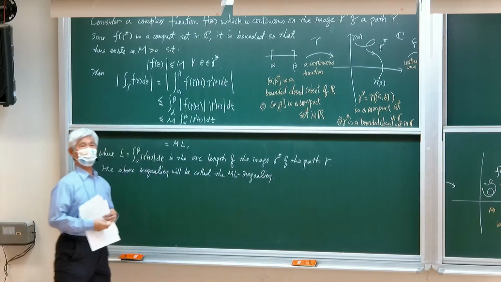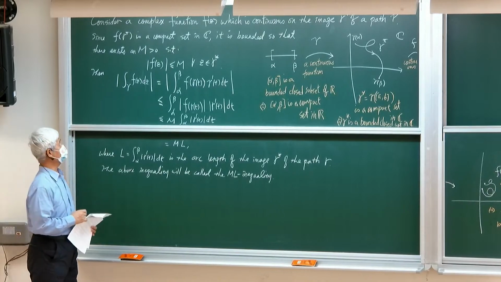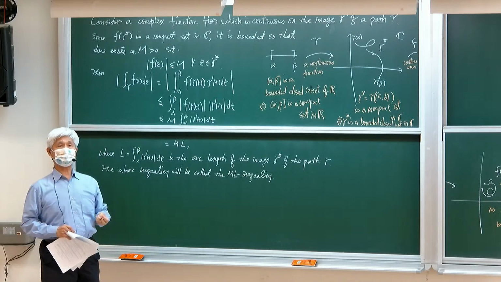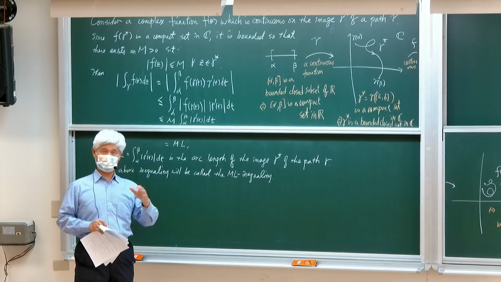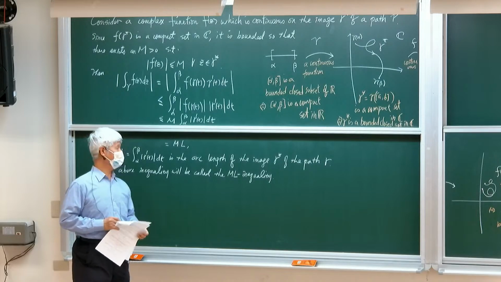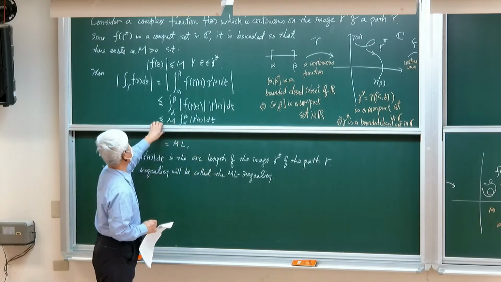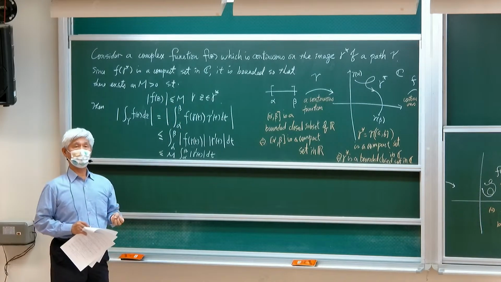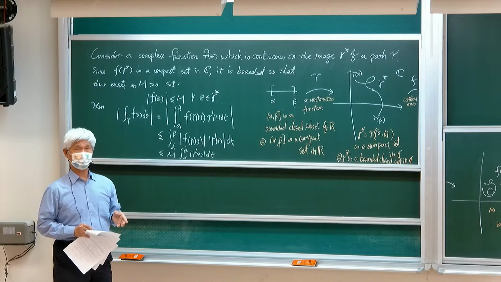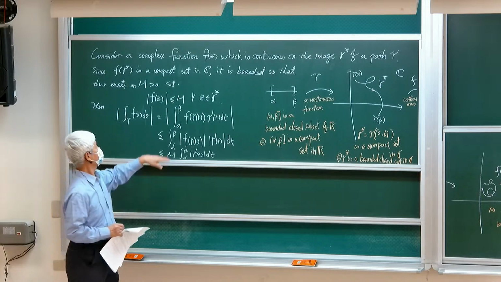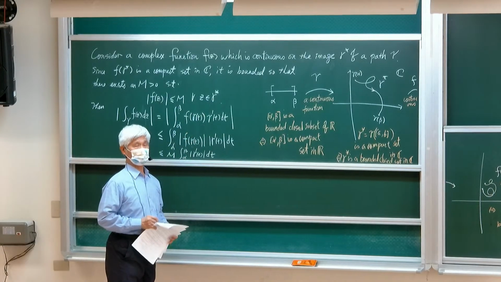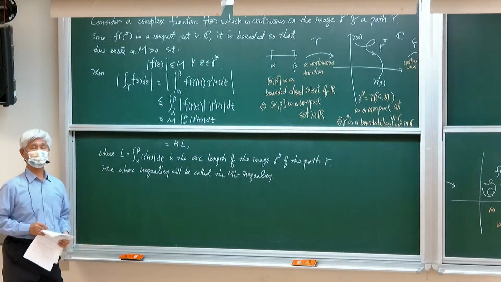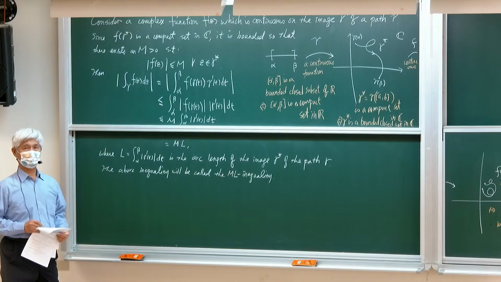So when we refer to the ML inequality of a line integral, we know that L is the arc length of the path, and M is an upper bound of the complex function value over all points in the path. Any questions?